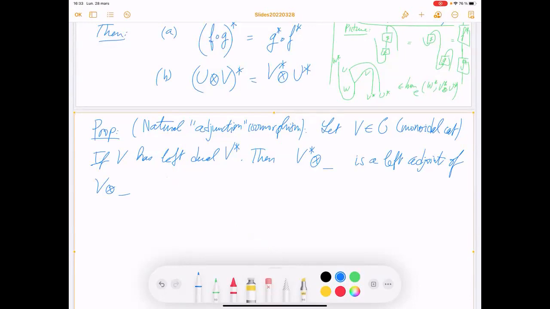This is suspicious. Left adjoint. Okay, it's okay.